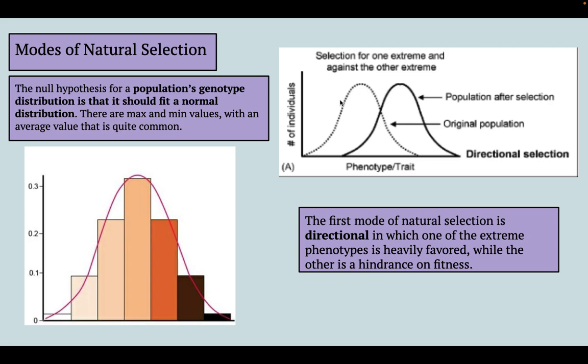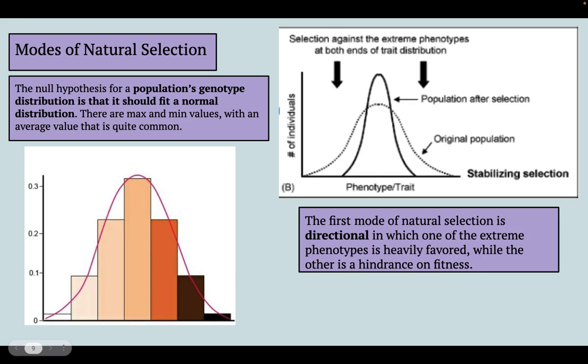So for example, if we took an average human population and put them at the equator, over time we would probably see a shift in the distribution of dominant alleles to the right as people acquired darker and darker skin because it was more fit. You take the same population and you shift them to the Antarctic, they're probably going to shift to the left because the recessive alleles are more favored. So directional selection is just when the bell curve shifts to the left or the right.